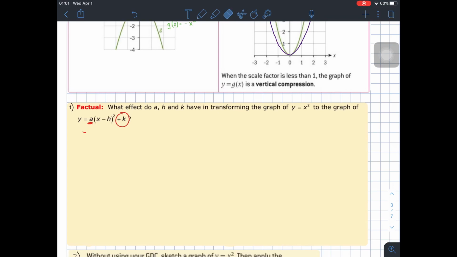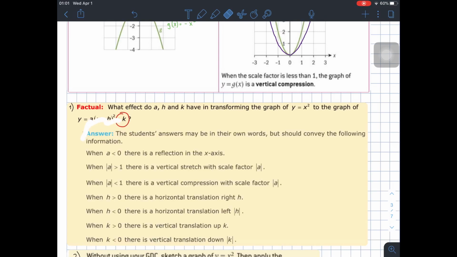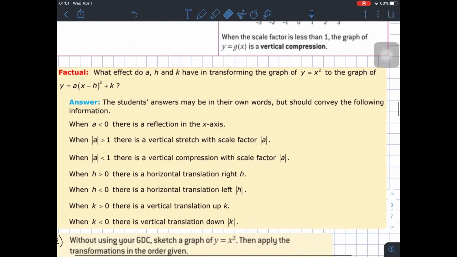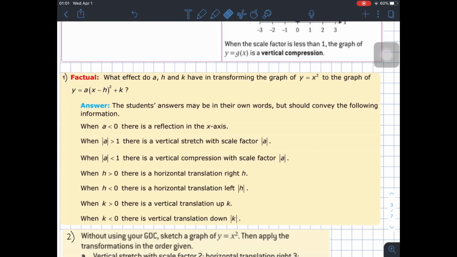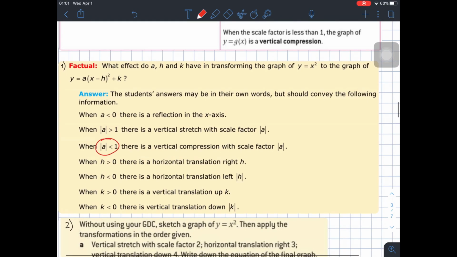So let's read the answer for this part for you to understand this better. It says, the student's answer may be in their own words. Okay. When a is less than 0, meaning that a is negative, there's a reflection in the x-axis. When the absolute value of a is greater than 1, there's a vertical stretch with a scale factor, absolute value of a. When the absolute value of a is less than 1, there's a vertical compression with scale factor, absolute value of a.